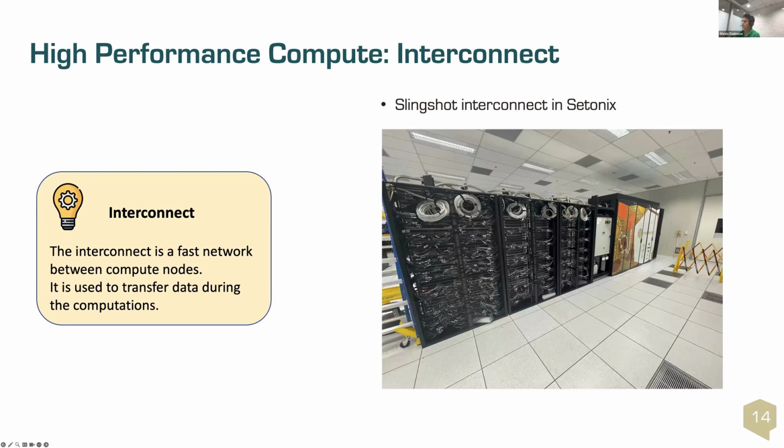In this case, the technology that is Cray proprietary is the Slingshot interconnect. It's very high tech, and the claim is that every node in Setonix is only 3 hops, 3 jumps of cable connections, from one node to any other node in the supercomputer.